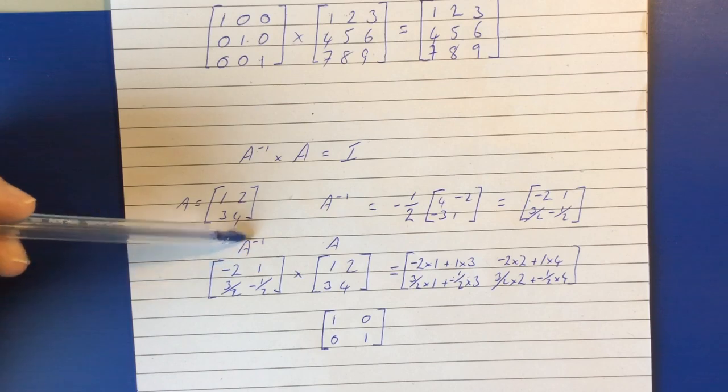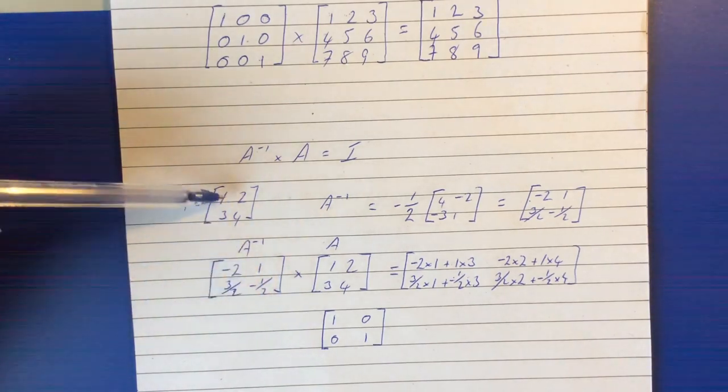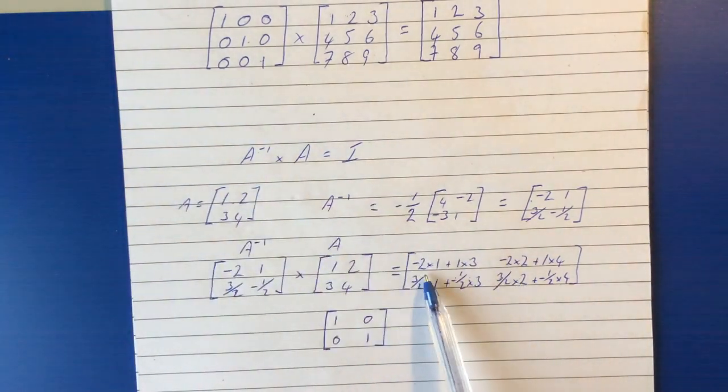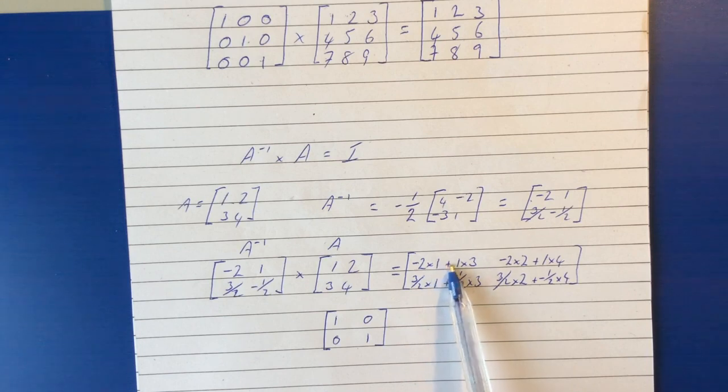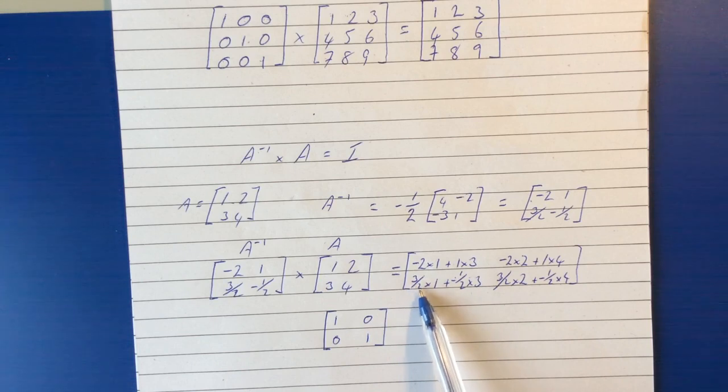Now, when I take the inverse matrix here, which I've worked out, and I multiply it by this, what I get is the following. -2 times 1 plus 1 times 3, which gives me 1. -2 times 2 plus 1 times 4, which gives me 0. 3 over 2 times 1 plus -1/2 times 3, which gives me 0.